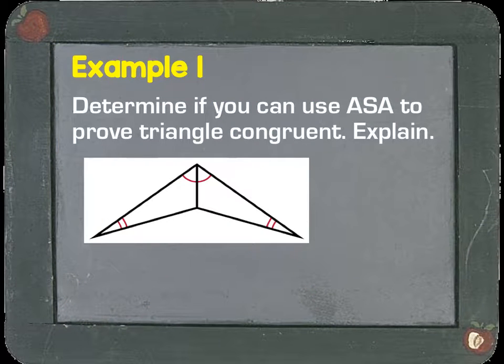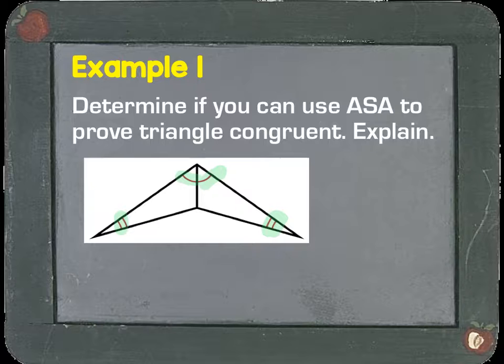All right, so this one says determine if you can use angle, side, angle to prove the triangles are congruent. Can you? How do you know that? So we've got this angle and this angle, that's one pair. We've got this angle and this angle, that's one pair.